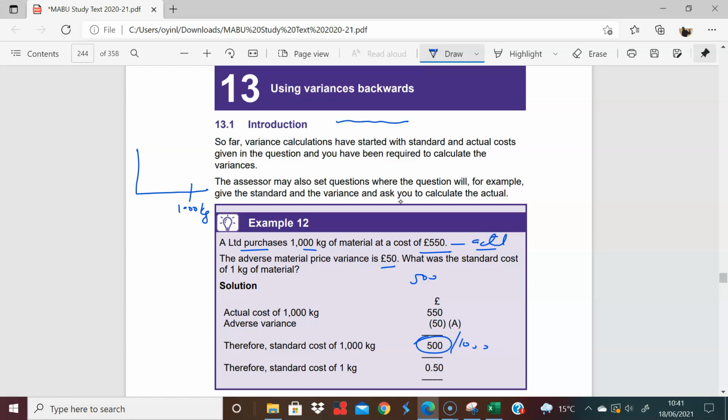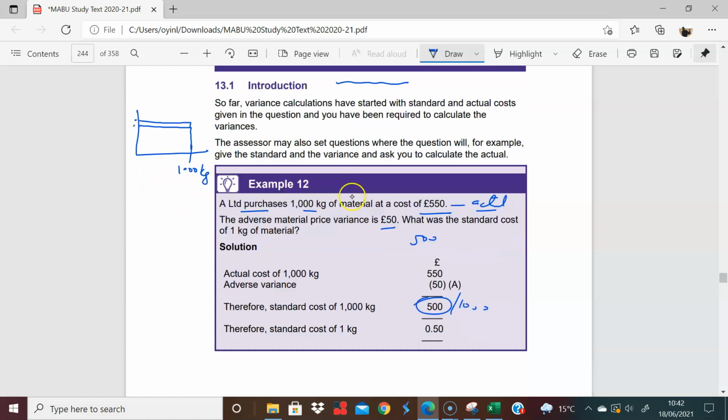I know that the difference between what was actually spent and what you should have spent, times the kilograms, is 50 pounds. I can find out what you actually spent per kilogram by dividing the 550 by the 1,000. I don't need to, but the point is you can see it in different ways. You can go back to first principles, but this is a nice, simple way because it really shows understanding: you just understand that you spent more than you should have.